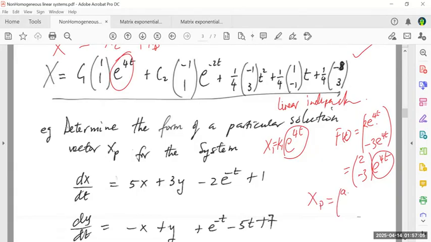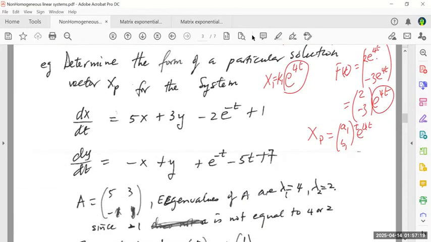So naturally, from a second order differential equation, we would just say here in xp, it was supposed to be a1 b1 e to the power 4t. So to make it linearly independent, we would want to multiply by t in the case of the differential equation. But in this case, it's not just multiplying by t.